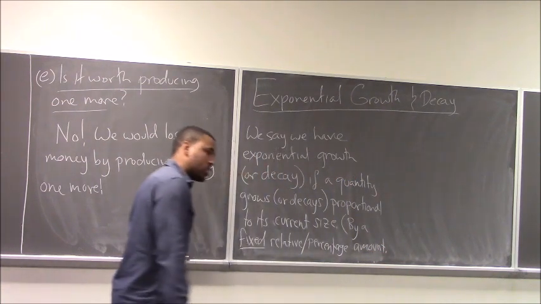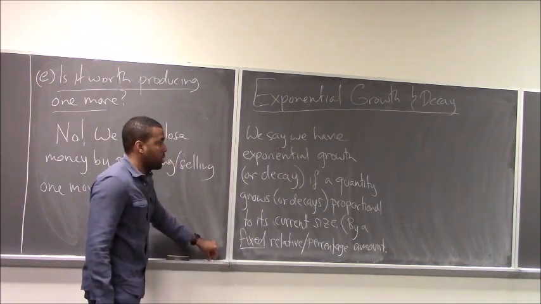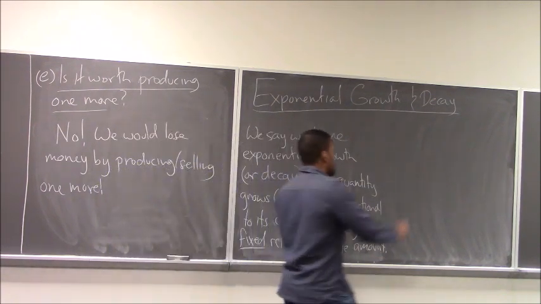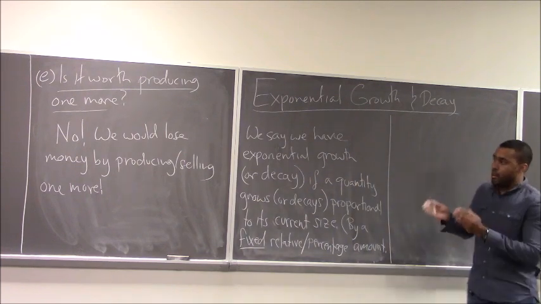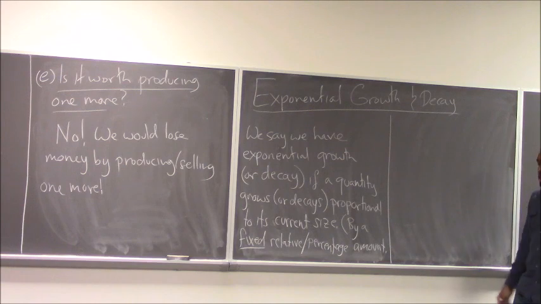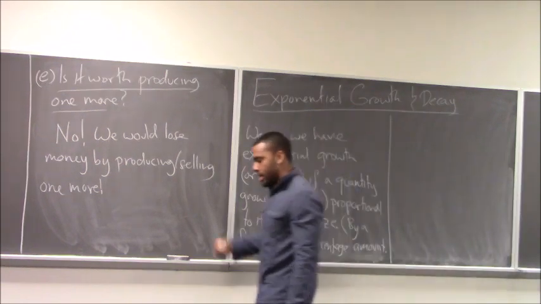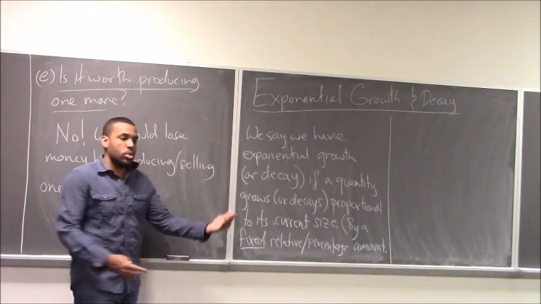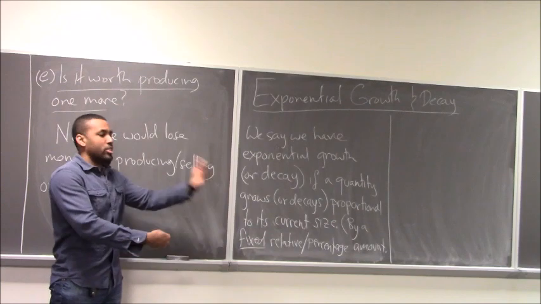Right. So we can contrast this with linear growth, which we've also talked about since lecture 1. We said something grew linearly if there was always a fixed absolute amount that it was growing by per unit time. So we did that example when we were talking about renting a car, and I said for each additional mile you drive, it's $2 extra. It's always going to be $2 no matter what. Every time you add a mile, you add $2 to the bill.